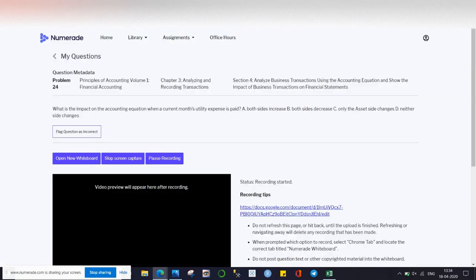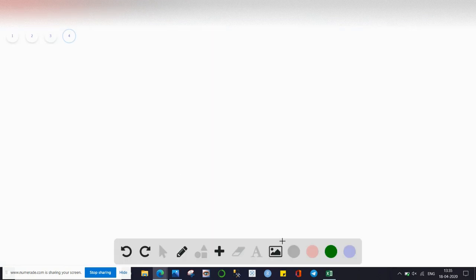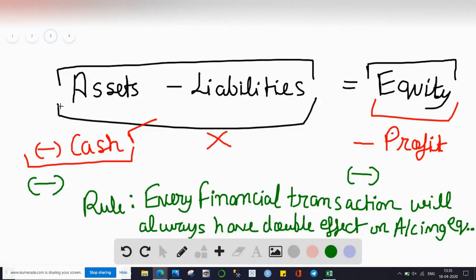So what is the actual choice? Both sides decrease. Why is that so? Because we have just seen twice that our asset side is reduced by the amount that will be paid for the current month utility bill. Along with that, our profit is reduced after recording the expenses also.